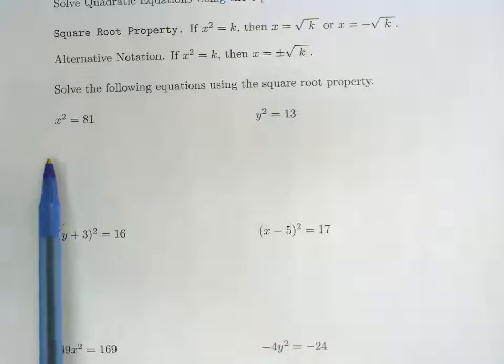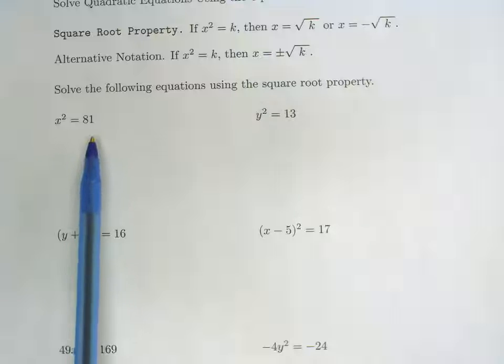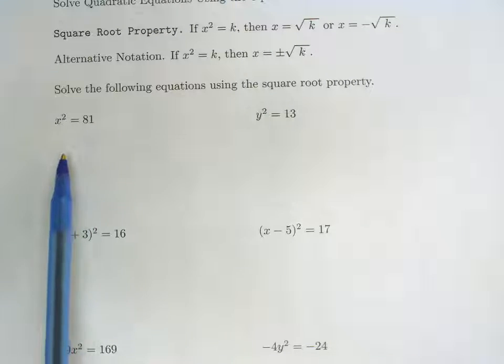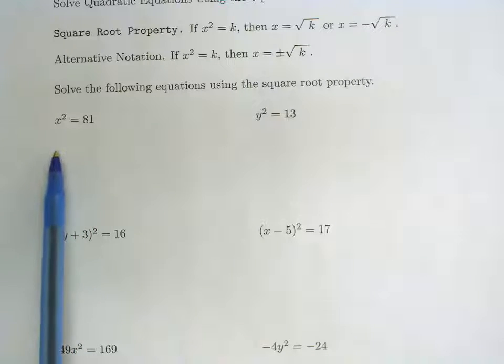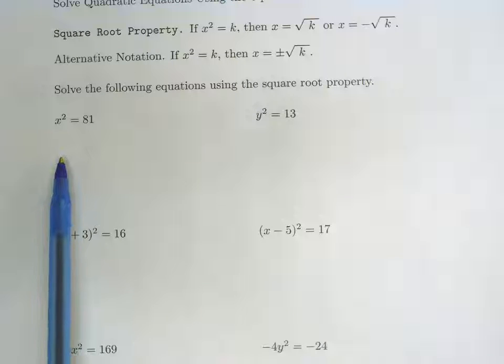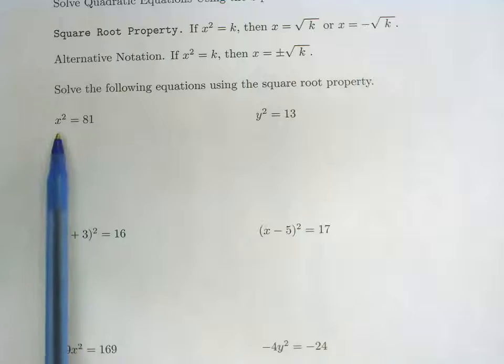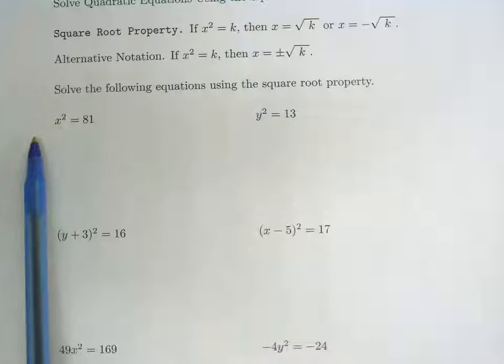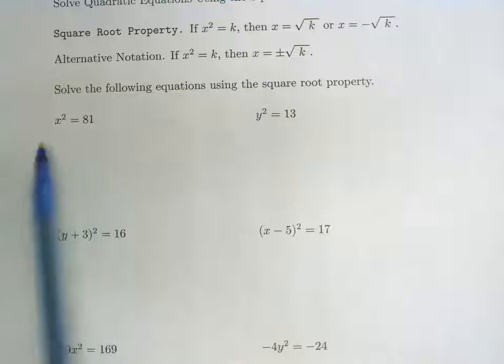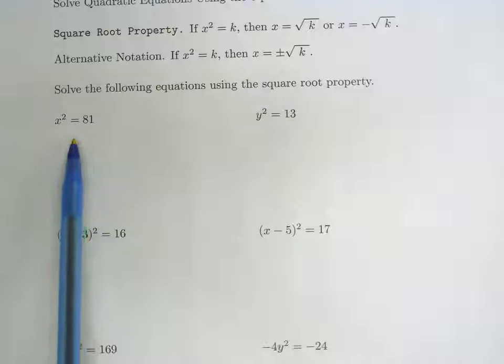We know that 9 to the second power equals 81. So x equals 9 as a solution. We also know that if we square the number -9, we also get positive 81. So we really know without writing anything down that 9 and -9 are both solutions.